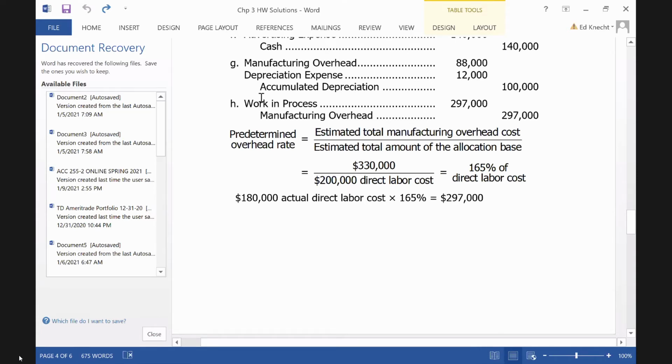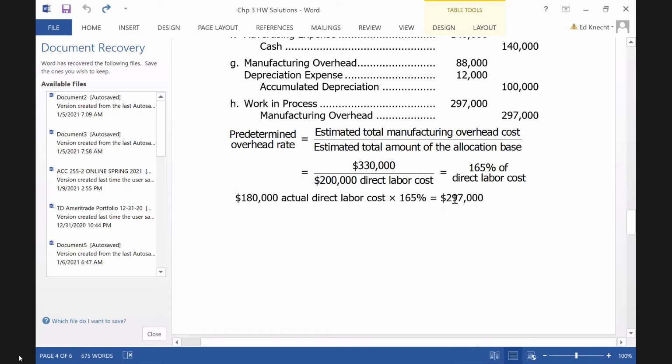So we debit work in process. Remember, work in process is debited for actual direct materials, actual direct labor, but we're also going to debit work in process for the applied manufacturing overhead. We applied it based on this percentage times the actual allocation base. The allocation base was direct labor costs, and they told us it was $180,000 times 165%.